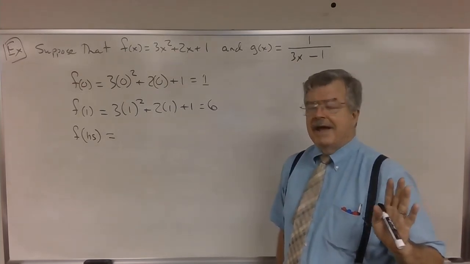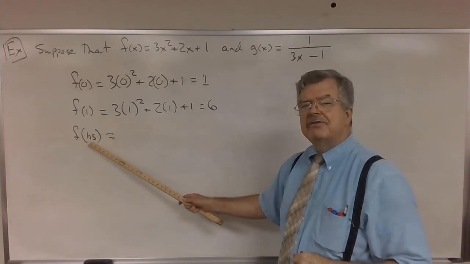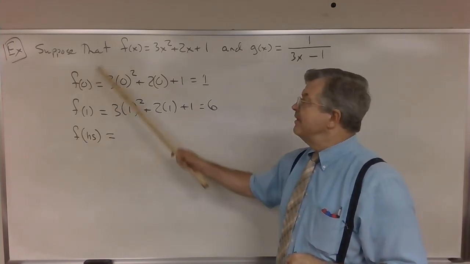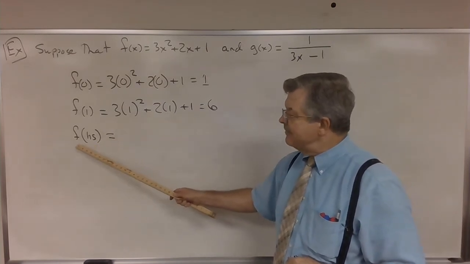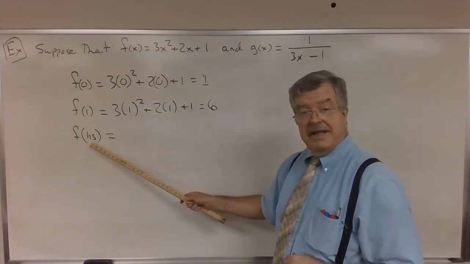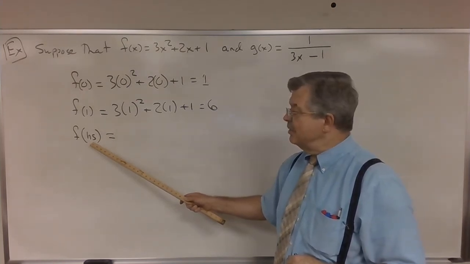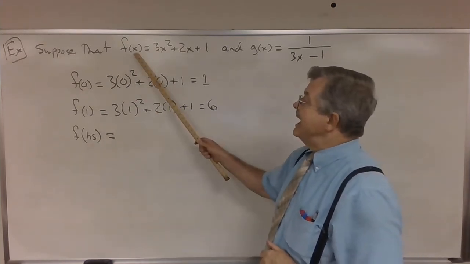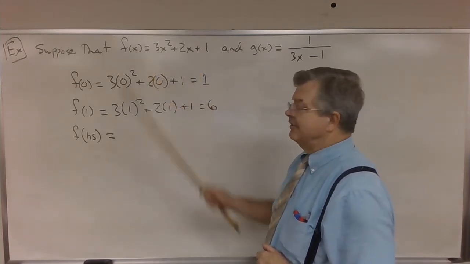Well, think of what we have. Down here, a ham sandwich is playing the role that x plays up here. Because down here, this is f evaluated at a ham sandwich. So the ham sandwich plays the role down here that x plays up here in our model, f evaluated at x.